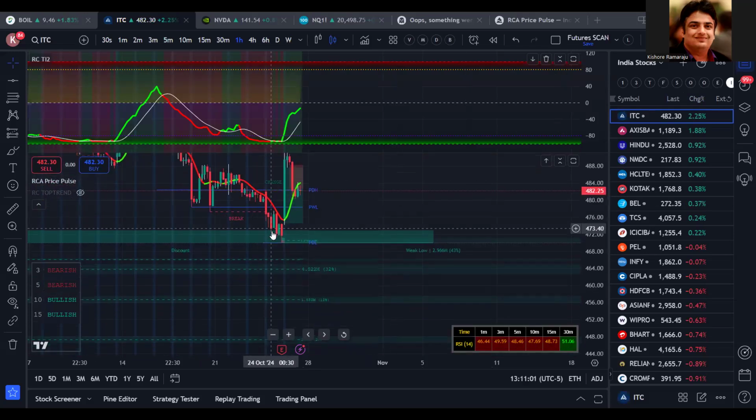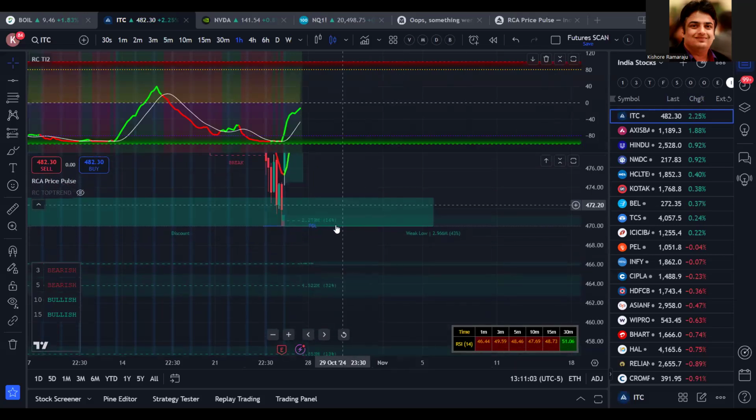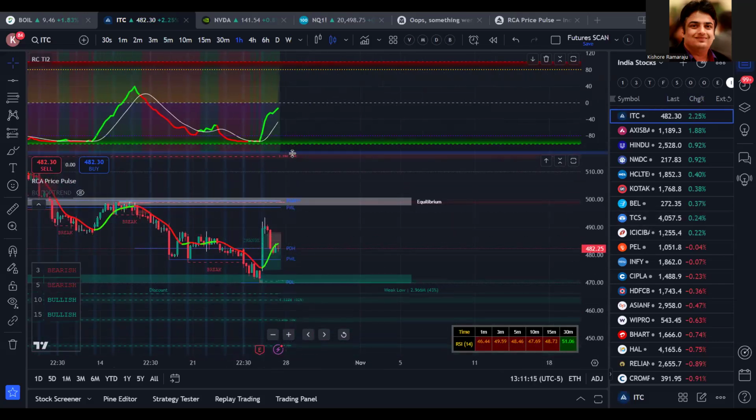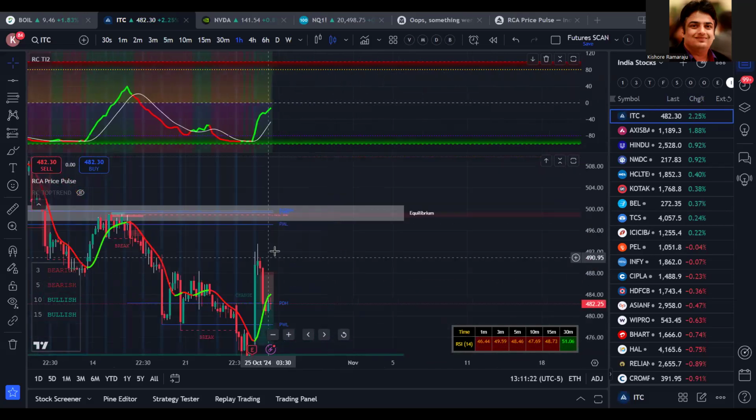ITC came all the way to the bottom. It started moving up. Now, if this turns green, I can buy ITC stocks. It will go all the way to the top, or at minimum it may go till 499 rupees.